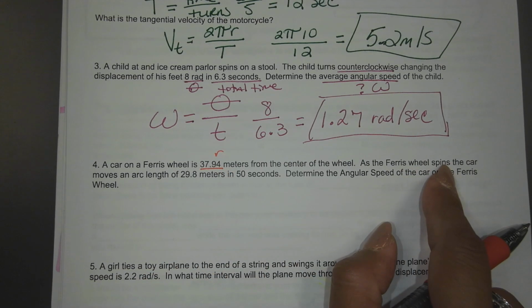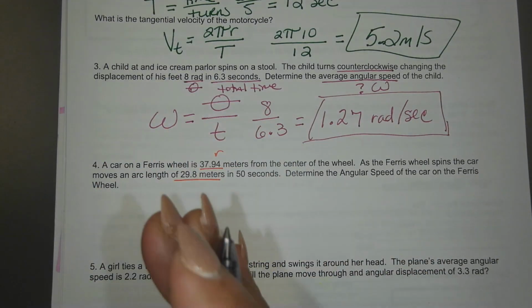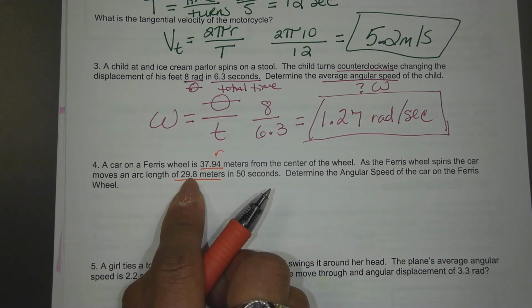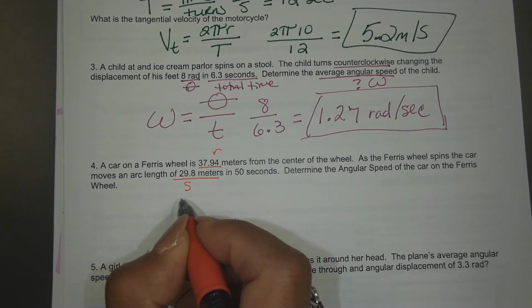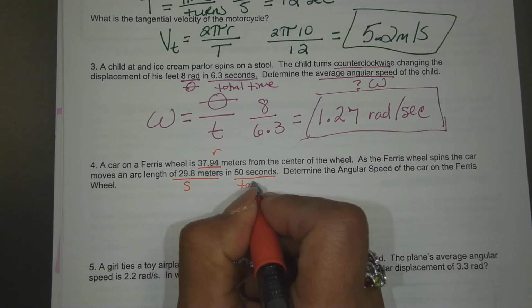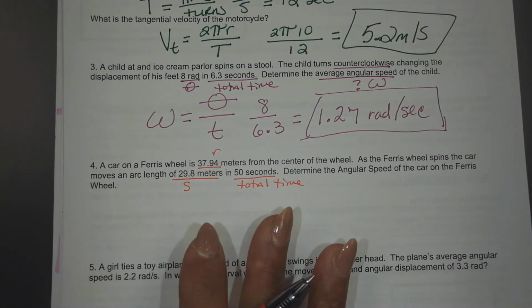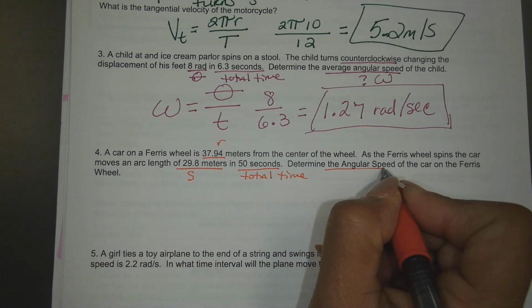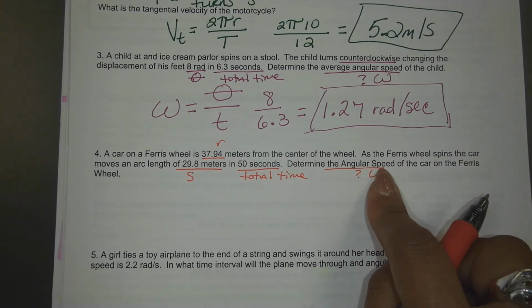As the Ferris wheel spins, its arc length around the outside perimeter of the circle distance, remember if we had a piece of string, the arc length would measure 29.8 meters, S, arc length. And it took a total time of 50 seconds. Determine the omega, or angular speed.